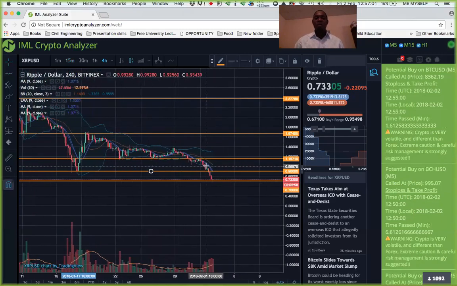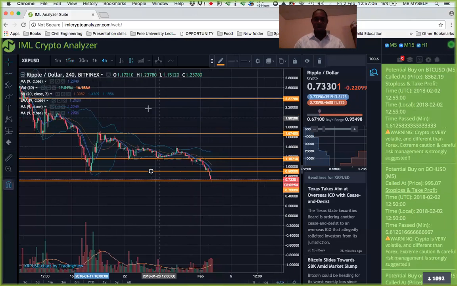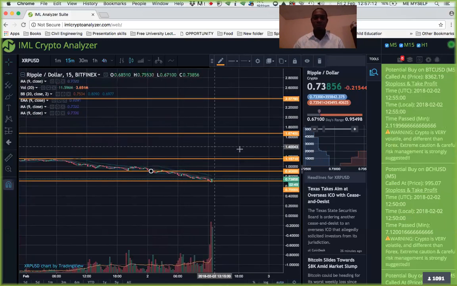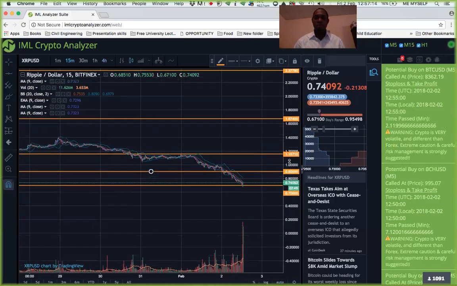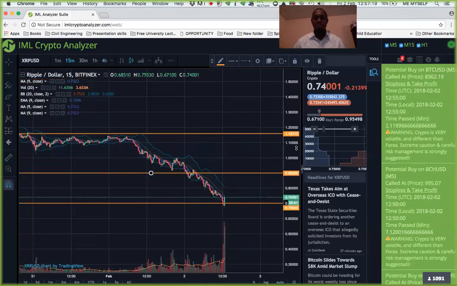So what I do with this trend strategy, marked off on the 4-hourly chart, I want to come down to my 15-minute chart. So I know where my bends are.